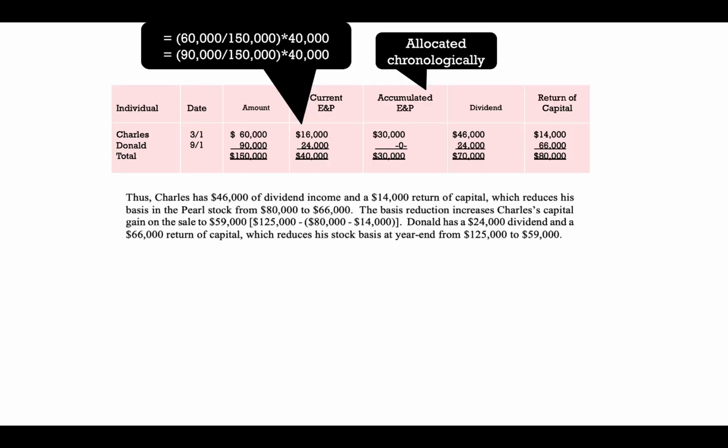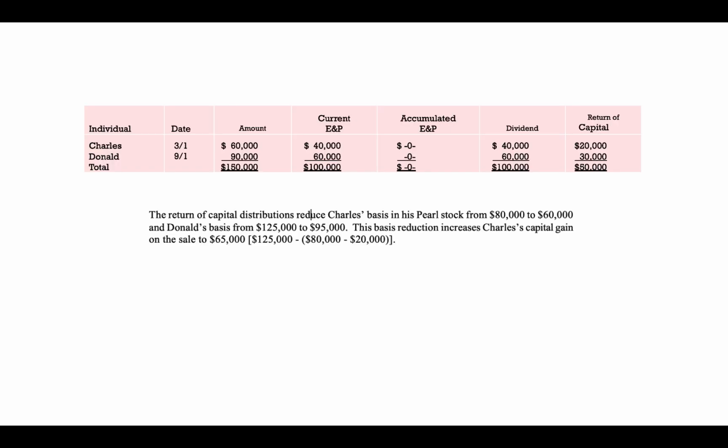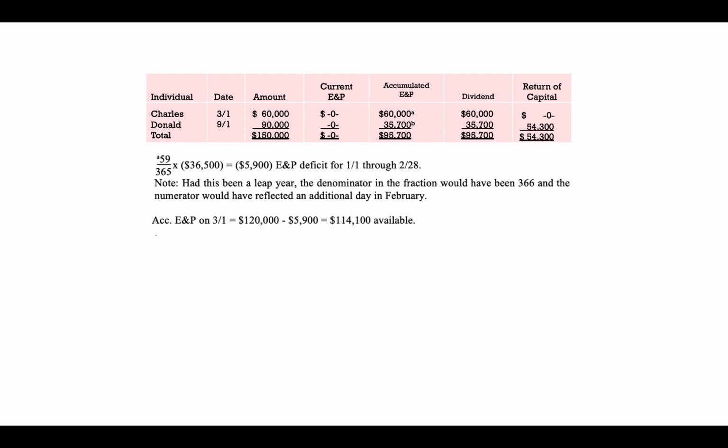But accumulated earnings and profits, remember, was a big number. It was $120,000. So as of 3/1, Charles' dividend all comes out of accumulated earnings and profits, and it's all a dividend. But for Donald, his distribution isn't till September 1. So there has more time passed there, right?